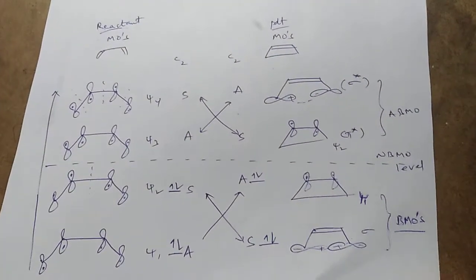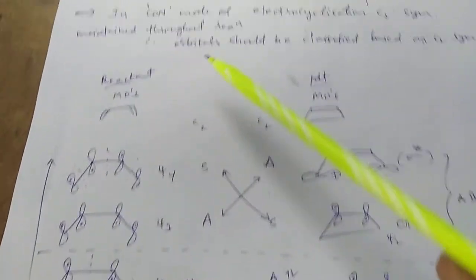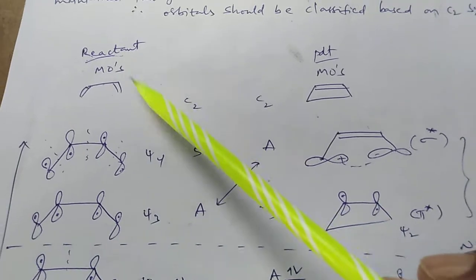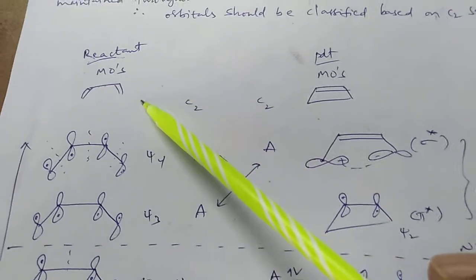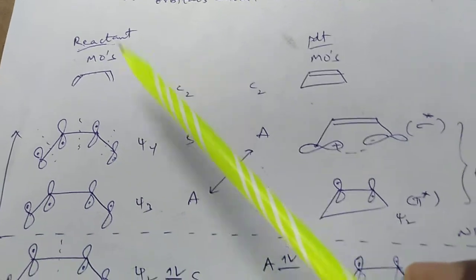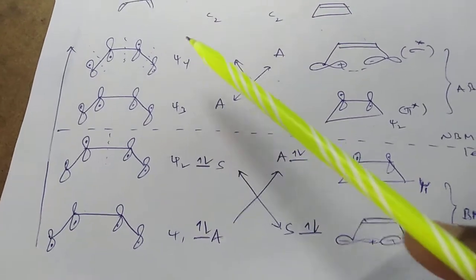Now we are writing the orbitals for 1,3-butadiene. In earlier classes we discussed that 1,3-butadiene has 4 sp2 carbons. Therefore it has 4 molecular orbitals: Psi1, Psi2, Psi3, Psi4.